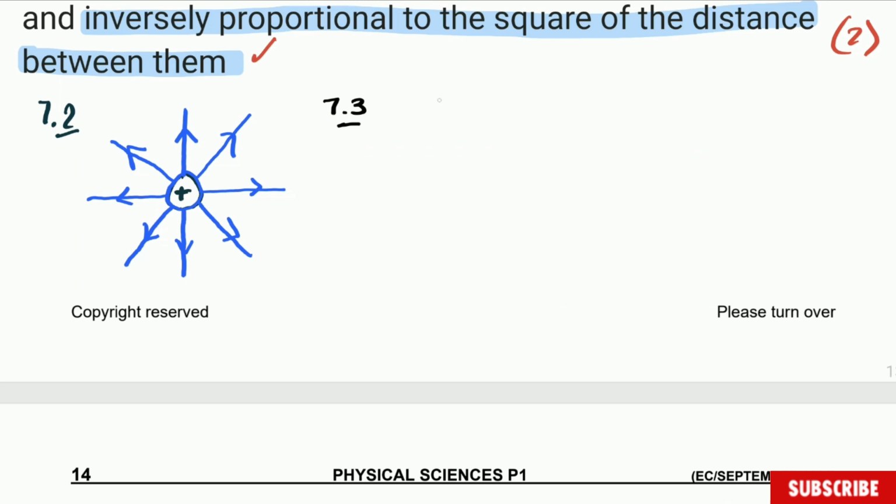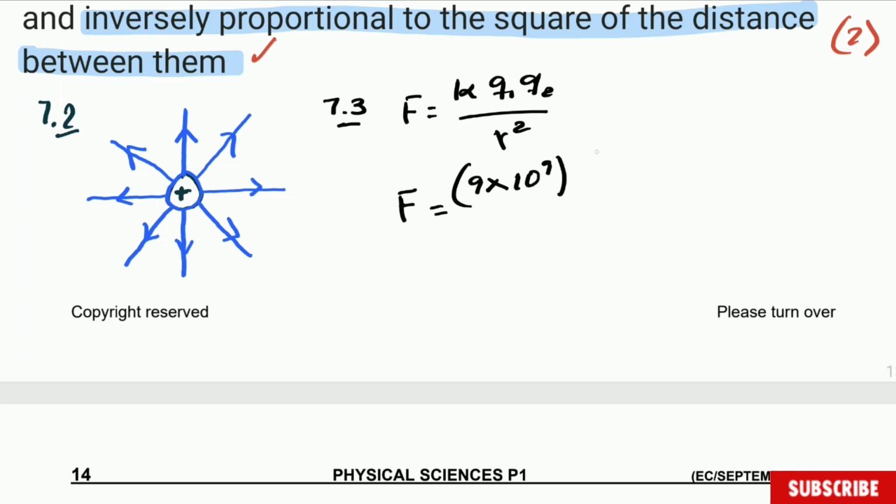So we come here and write the formula. F is equal to k Q1 Q2 divided by the distance squared. It doesn't matter if you use capital Q or small q. We are going to substitute everything we have. Remember k, you look for it in the table of constants: 9 times 10 to the 9, and then the magnitudes of the charges. Something important: when you write these numbers, you are not going to substitute the signs of the charges.